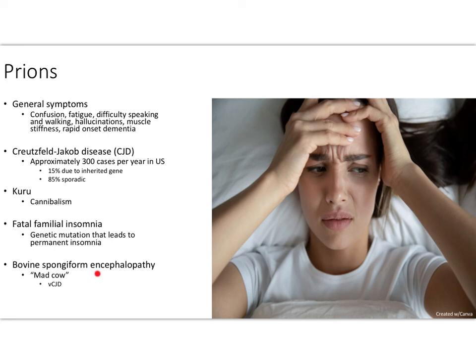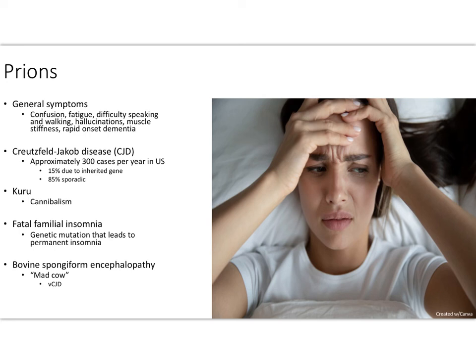And then our last prion that we're going to talk about is what we call bovine spongiform encephalopathy. Most commonly, it's called mad cow disease, and sometimes you'll see it referred to as variant CJD. This prion came to our attention several decades ago when it was found that people who were eating certain lots of beef were coming down with prion diseases that didn't match any of the others that we had known.